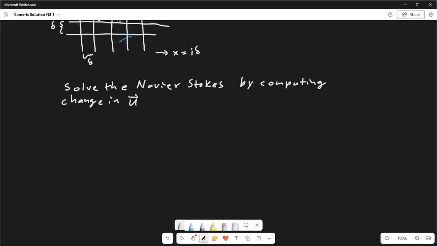This is the entire field over the entire grid, so that's all of the individual u's. So the change in u for each cell after a time step. And I'm going to define this time step as delta t.